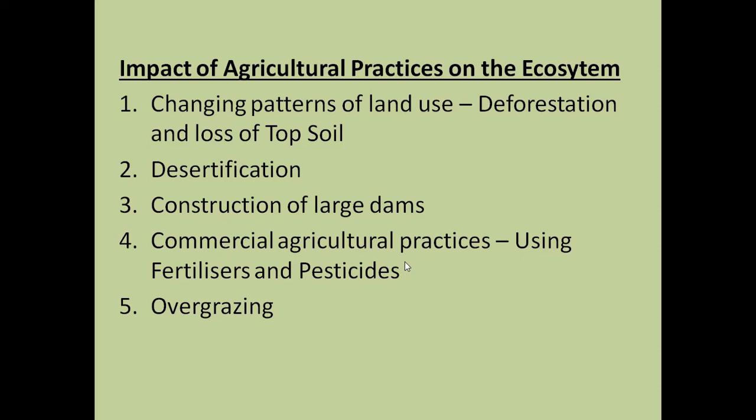The crops can be protected, and using the fertilizers, we can get the best quality of the vegetables or the crops, but they have a negative impact on the soil.